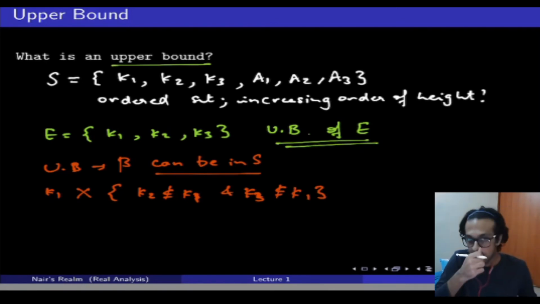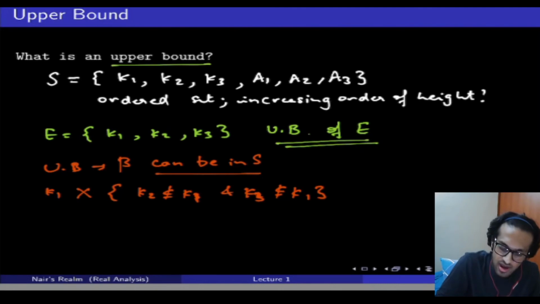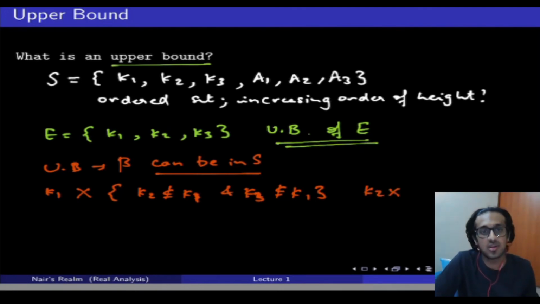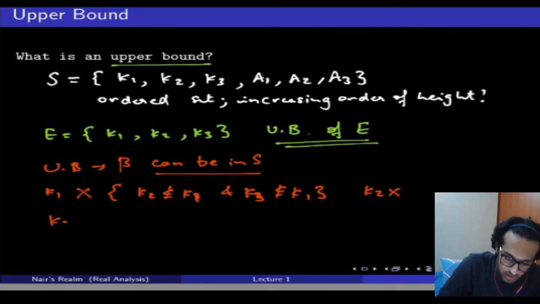So K1 can't possibly be an upper bound. And for similar reasons, K2 can't be an upper bound as well, because K3 is not less than or equal to K2. So very obviously, K3 is an upper bound.